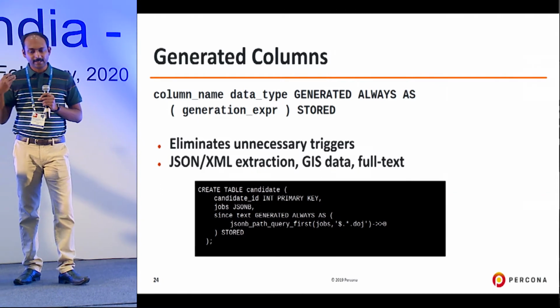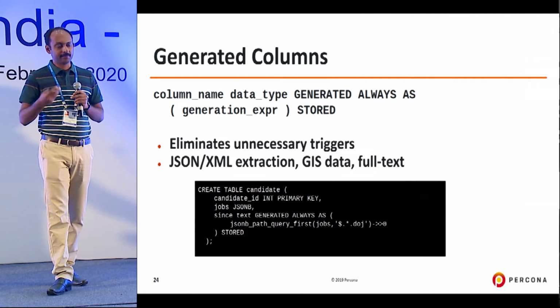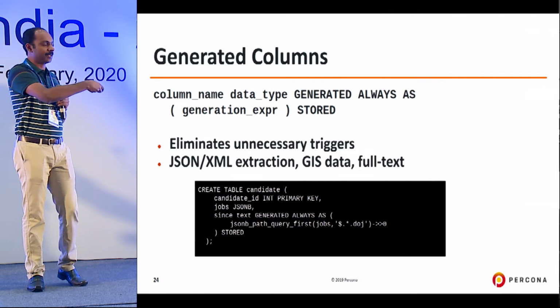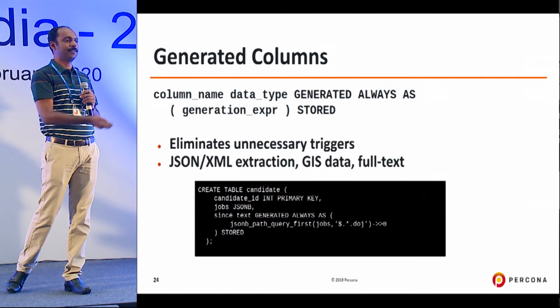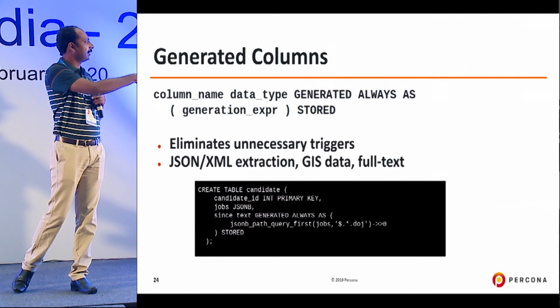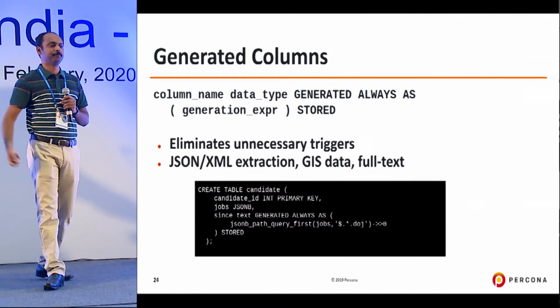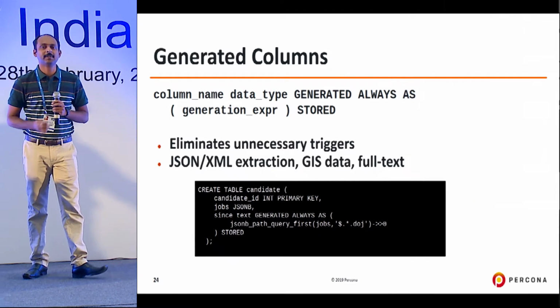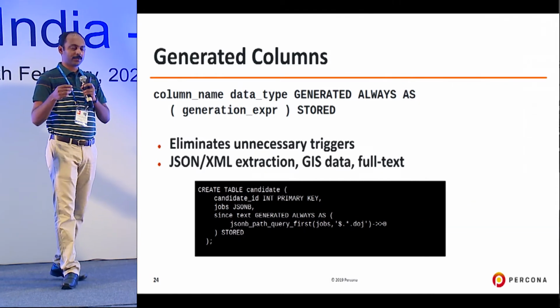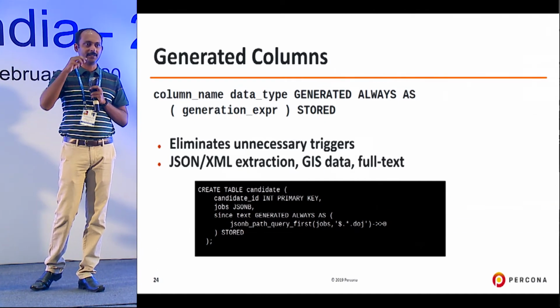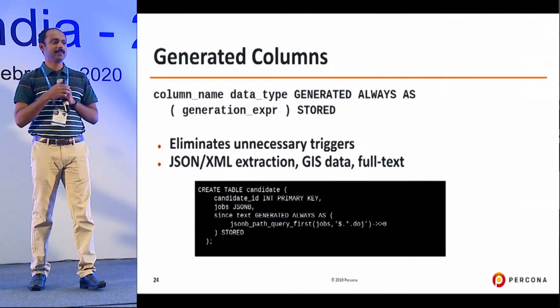Earlier those things were done by triggers or something like that. Now when an insert happens into the table, we can have a function which will execute at the same time, extract the data and store it or do some activity. It's a very useful thing. So people who store updated timestamps using triggers, now it is easy with generated columns.